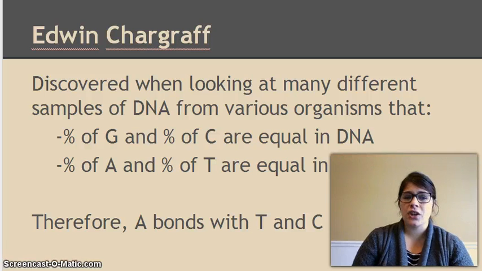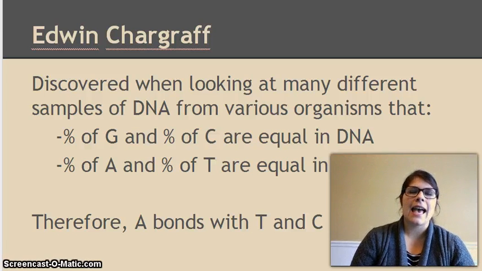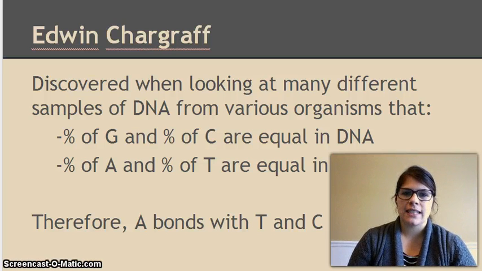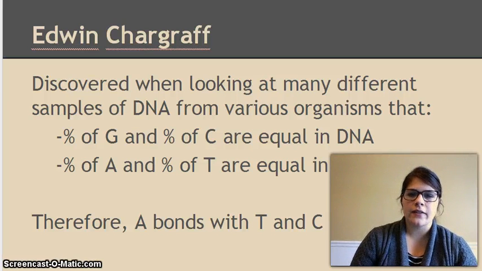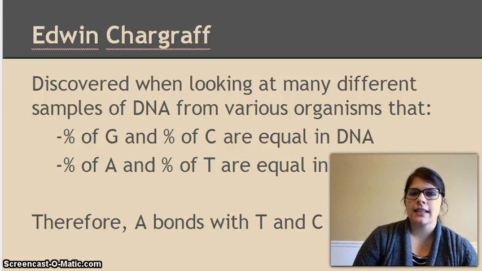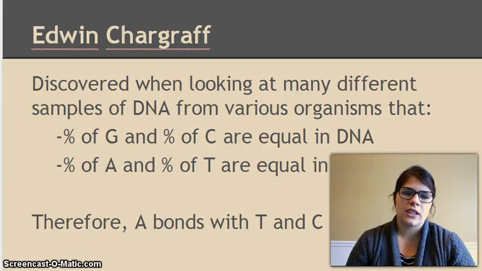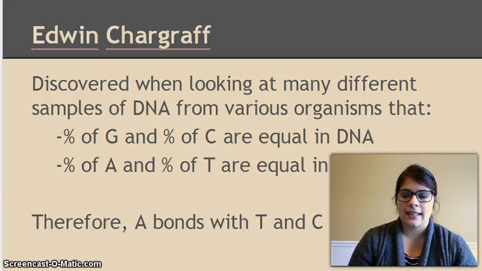Okay, so Edwin Chargaff. I don't know if you've heard of him, but he has a law that is very important to biology, to DNA. What he did was he discovered that when he was looking at different samples of DNA from various organisms, the percentage of guanine, or G, and the percentage of cytosine, or C, were equal in the DNA.